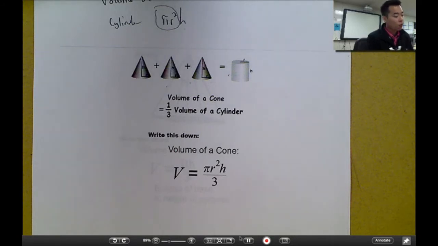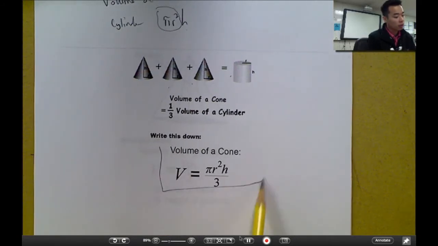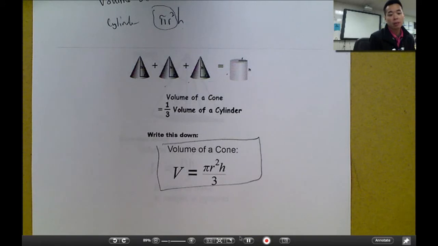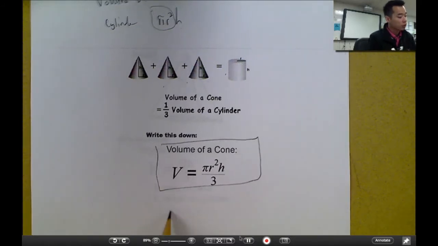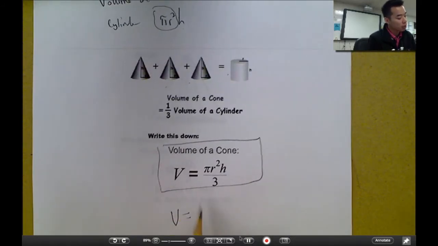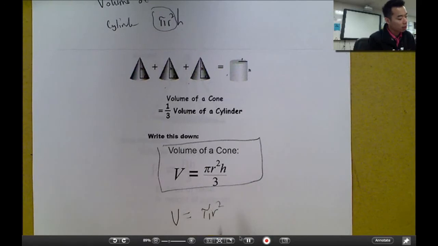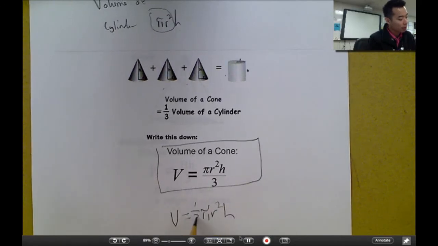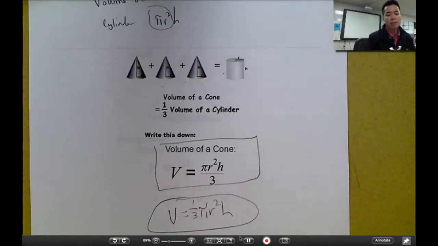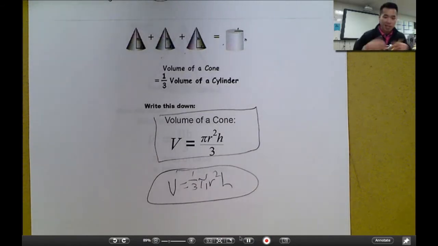So therefore, this is the volume of a cone. The volume of a cone is pi r squared times the height divided by 3, or you can do volume of a cone is equal to pi r squared h, but multiplied by a third. Now multiplying by a third and dividing by 3 are exactly the same thing. Okay? Make sure you guys pause it and write it down if you must.